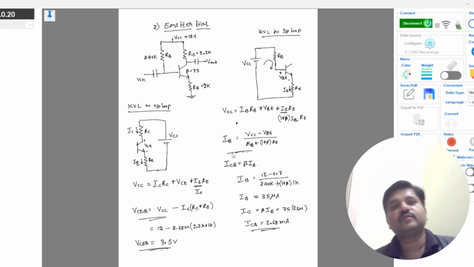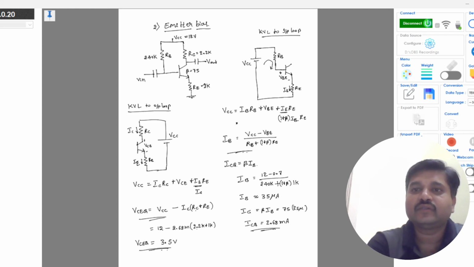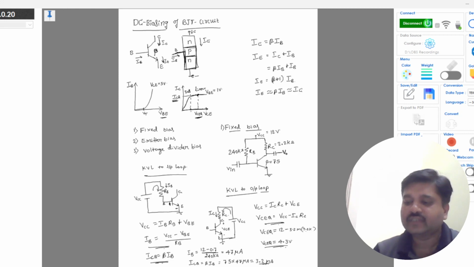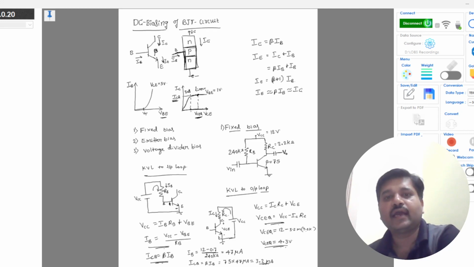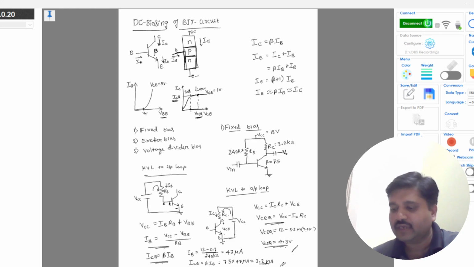So by looking at this, both types of biasing for the same numerical values, here you see we have the fixed bias configuration. In the fixed bias configuration, what we have obtained is ICQ is 3.2 milliamp and VCEQ is 4.3 volts.